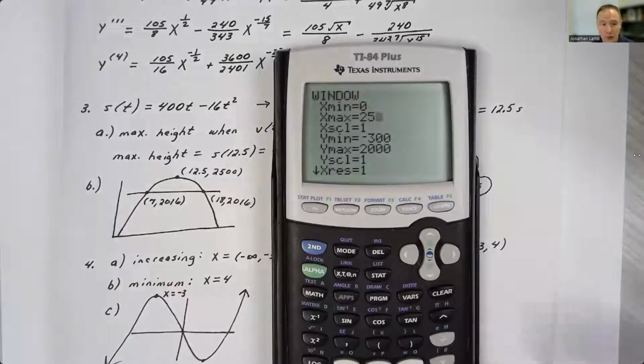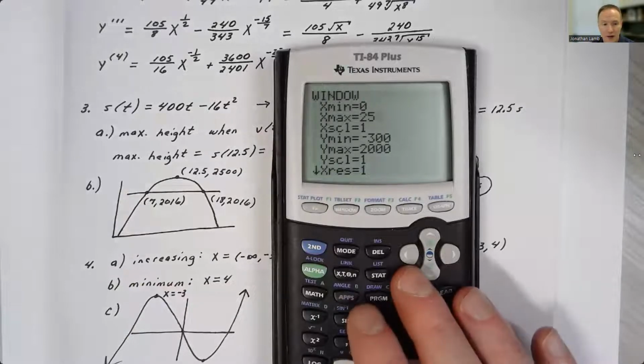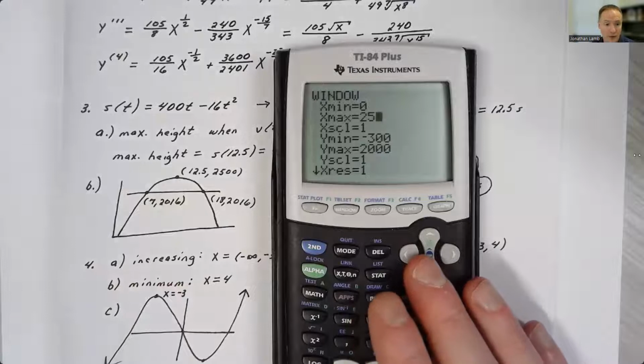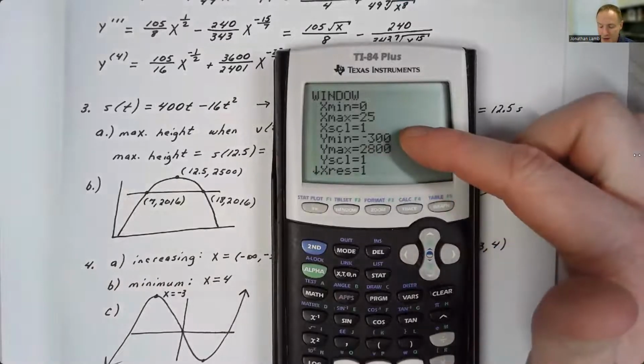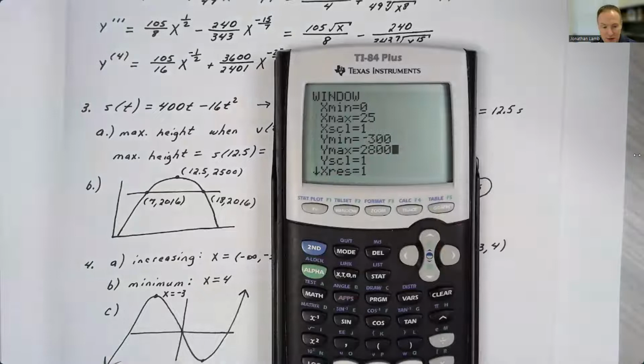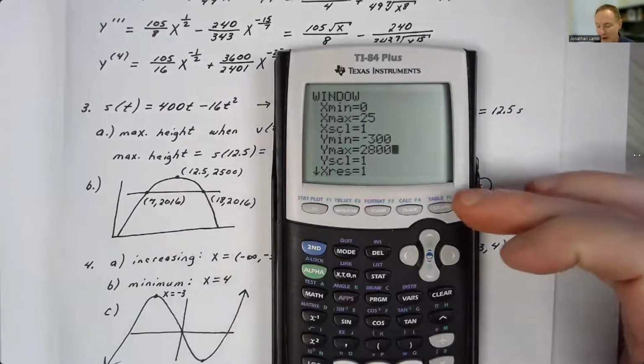And then you can say, well, what about the y values? The highest y value in our problem is 2,500. I want to go up above that just to make sure I include it in the screen and it's not at the very tip top of the calculator screen. So I'll go 2,800. And I'm starting at negative 300 just so it shows the x-axis in there nicely. So I want to go a little bit below the x-axis, a little bit above the maximum to set up the y value range.